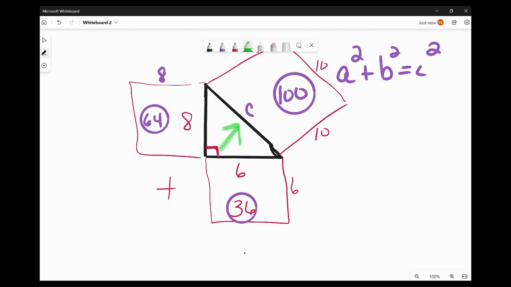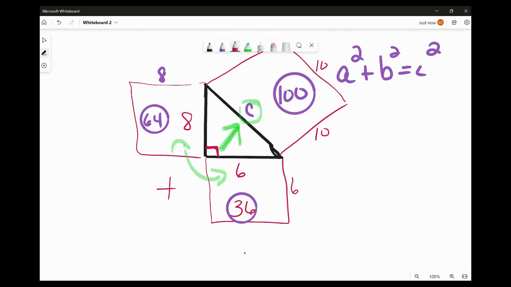It's the longest of the sides, and we call it the hypotenuse. So you'll notice here, this is side length C, directly across from the right angle. The two shorter sides make up the right angle when they meet, but C is the opposite side. So that's very specific. A and B can be interchangeable. You could call this one A and this one B, or vice versa. It doesn't matter.